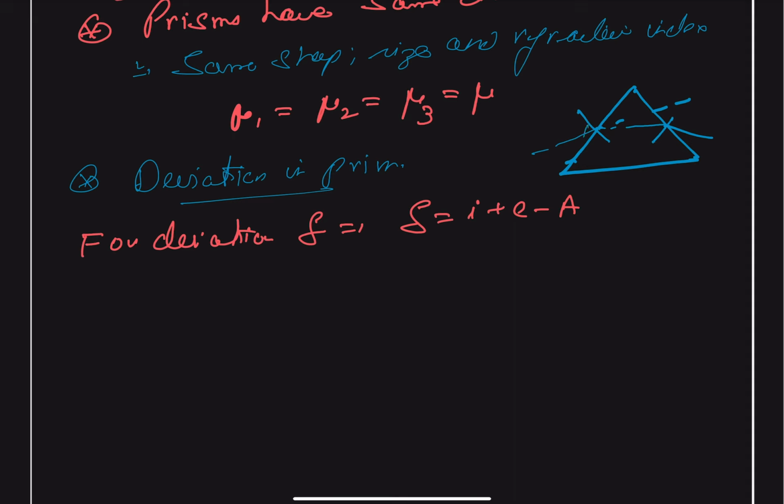So this is our angle of incidence, this is our angle of emergence, this is our deviation, and the prism angle is given as A.